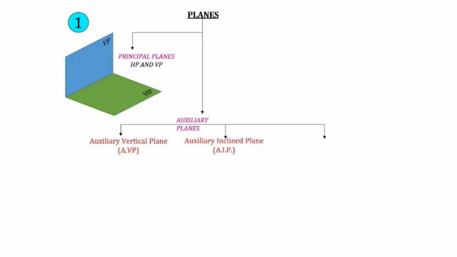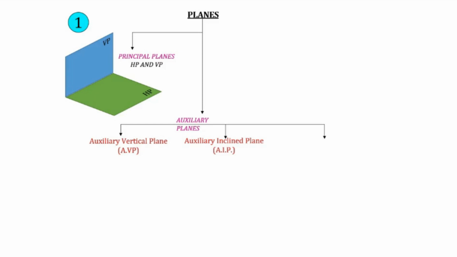You open the door halfway. Now, the door is not perpendicular, not at 90 degrees to the vertical plane. Instead, it will be making some angle between 0 and 90 degrees with the vertical plane or with the wall. In such a case, that can be considered as an auxiliary vertical plane.